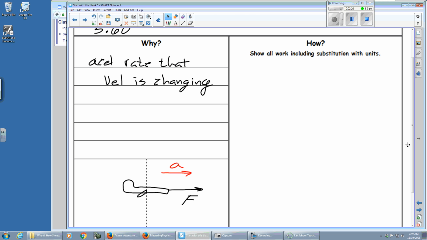All right, so mathematically, I'm going to use my definition of acceleration, really weird A, which is that A is delta V over delta T, and I'm also going to use Newton's second law.